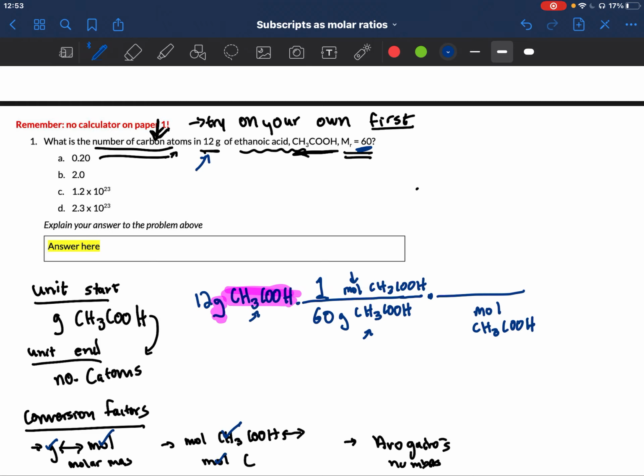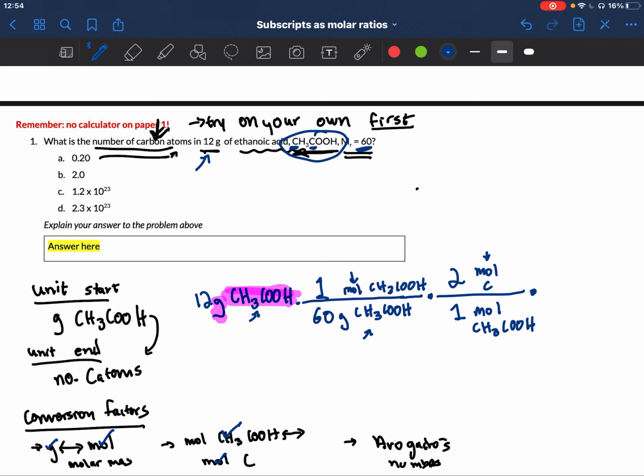All right. So I see in my conversion factors, when I have moles of ethanoic acid, I'm going to need to get into moles of carbon. Okay. For every 1 mole of ethanoic acid, how many carbon atoms do I have? Well, we actually wrote this out more as a condensed structural formula and not a molecular formula. So you don't have a subscript, but you have 2 individual carbon atoms. Okay, almost there. I see right now I'm in moles of carbon.